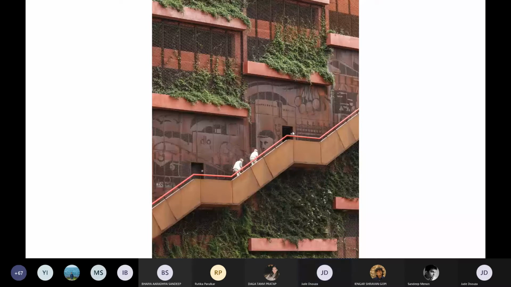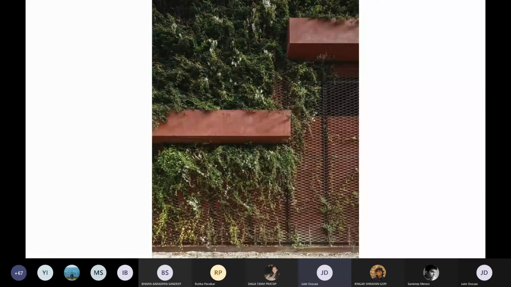Of course, the facade of the entire parking garage is completely green. You have planters hanging on the edge, you have wire mesh, and the creepers are left to climb over the entire facade.